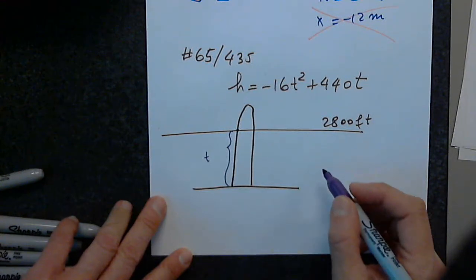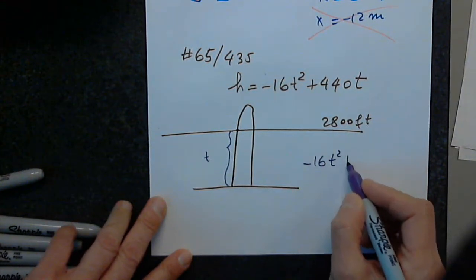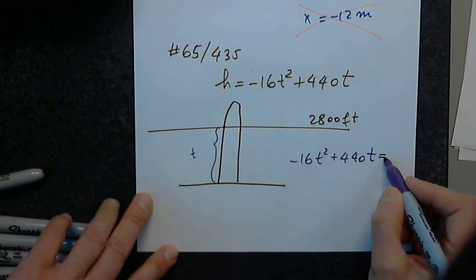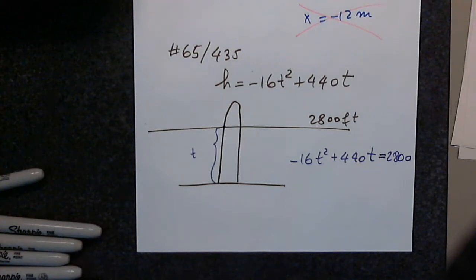So I do mine backwards from this. So I would do negative 16t squared plus 440t equals 2,800. This is the correct way, because we know that the polynomial should be on the left-hand side. Yeah, I tried doing it the other way. It's really difficult. You can switch it because remember, if A equals B, then B equals A. Yeah, I just prefer it. That's what I know.